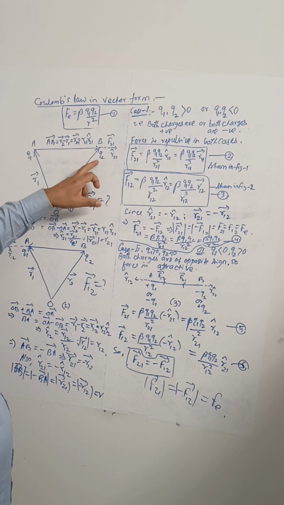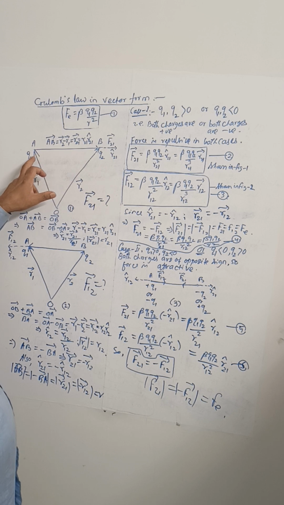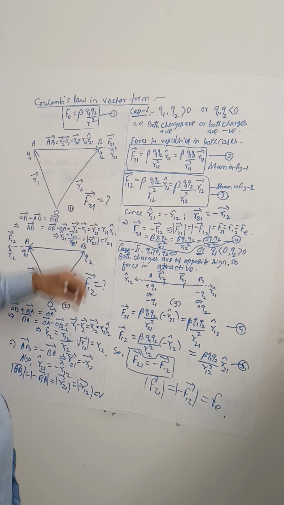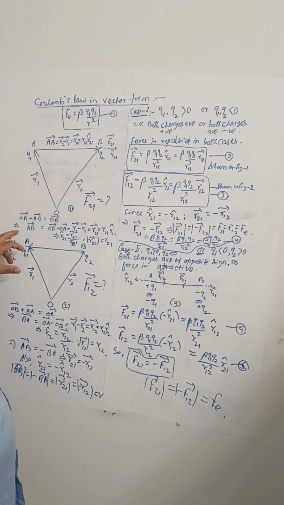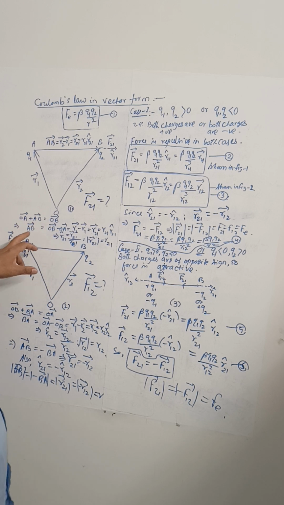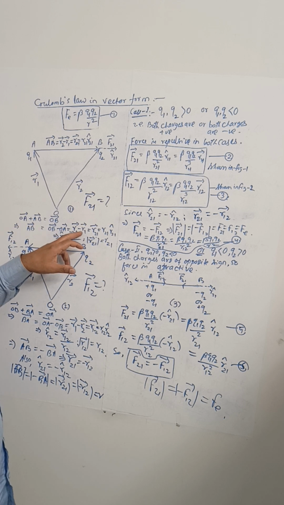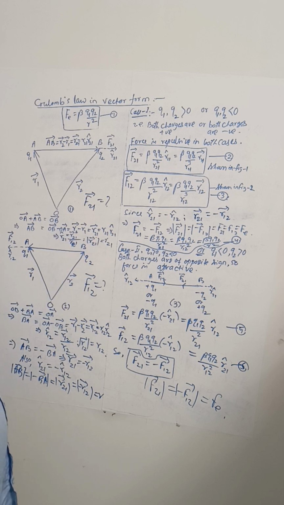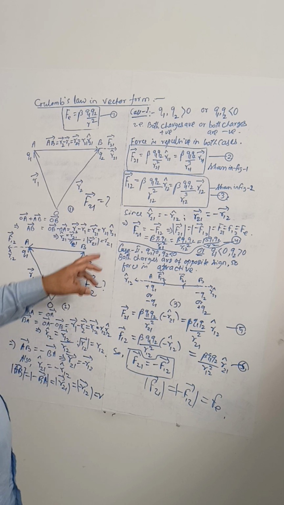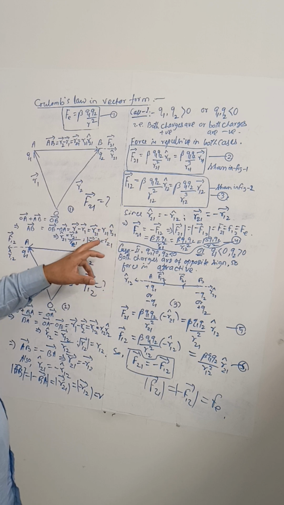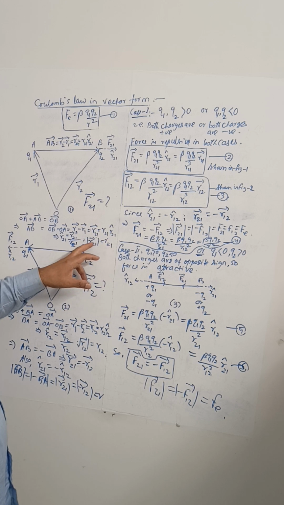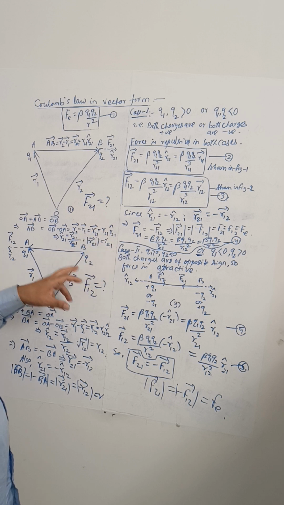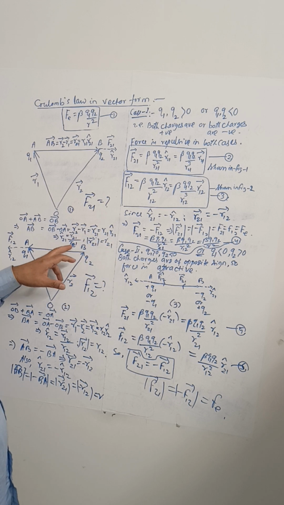So the position of Q2 should be known from the charge Q1, and it is measured in the direction of vector AB. The vector AB is given by the vector relation OA + AB = OB, which implies AB = OB − OA, written as R2 − R1, which is written as vector R21 = R21 times R21 cap, where R21 is the magnitude of vector R21, and R21 cap is the unit vector given by vector R21 divided by R21.